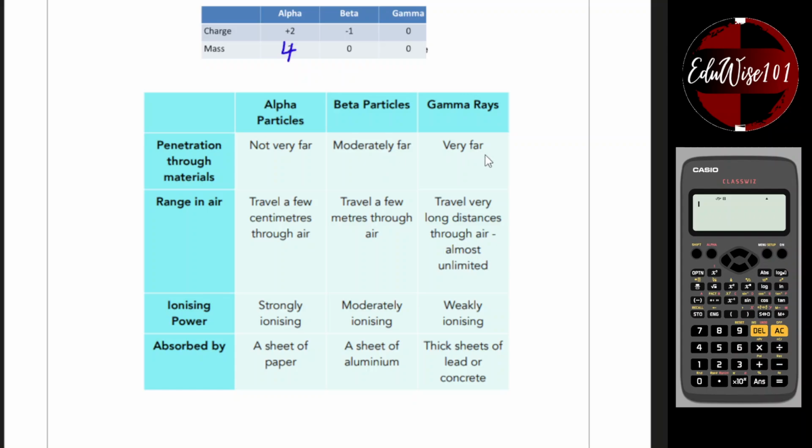And gamma can travel through far. Range, ionizing power: alpha is strongly ionizing and gamma is weakly ionizing. Alpha is usually stopped by a piece of paper. For gamma, you need thick sheets of lead or concrete. Beta is usually stopped by a thin sheet of aluminium.